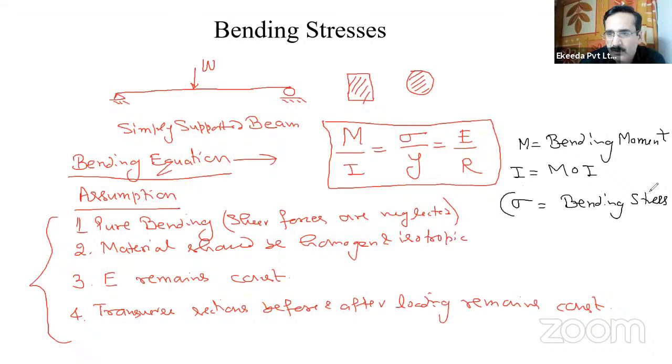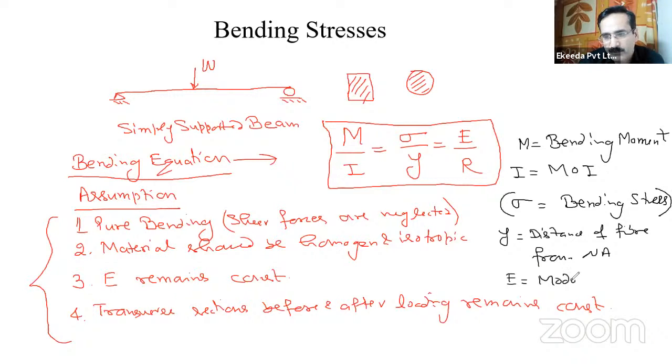This is the main thing which we want to find out, the bending stress. And y is the distance of the fiber where we want to find out the bending stress, from the neutral axis. E is the modulus of elasticity.